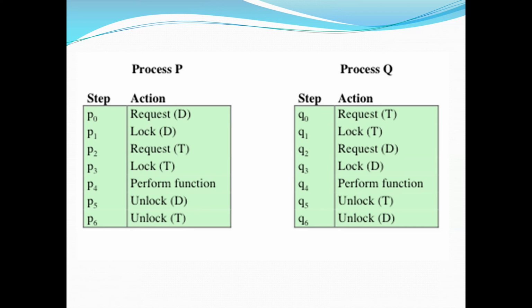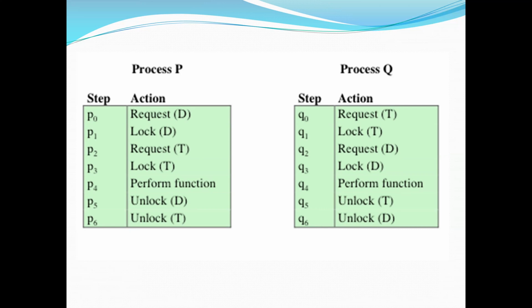The program will engage in the operations shown in the slides here. Deadlock occurs if each process holds one resource and requests the other. For example, deadlock occurs if a multiprogram system interleaves the execution of two processes as follows.